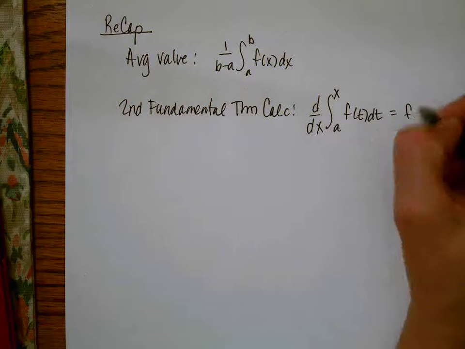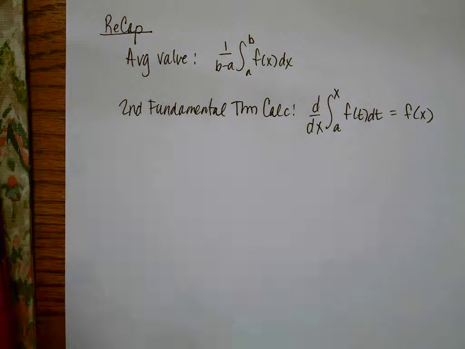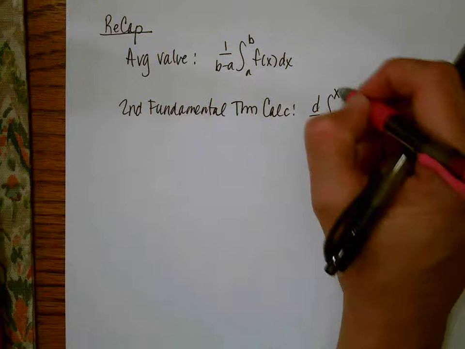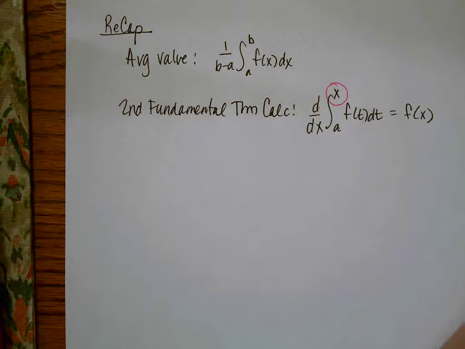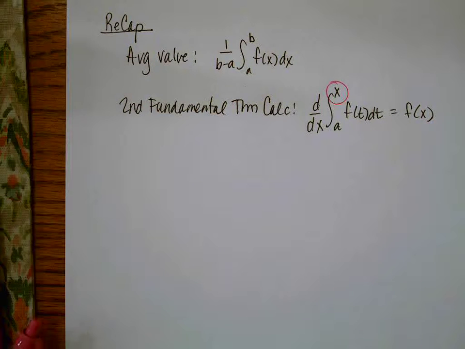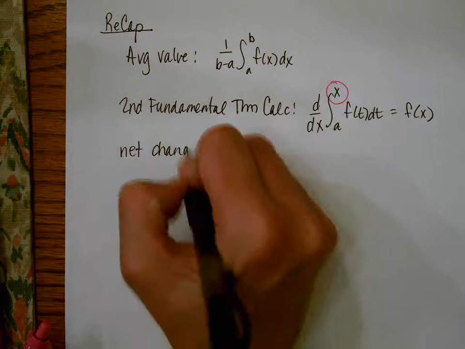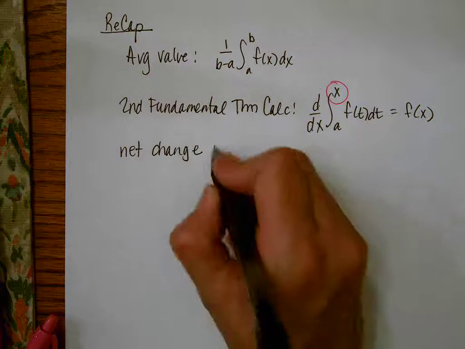So if I'm integrating from a to x of f of t dt, it's just going to equal f of x. The only caveat that you have to remember with the second fundamental theorem of calculus is that if the derivative of the top index is something other than 1, then you have to do the chain rule.